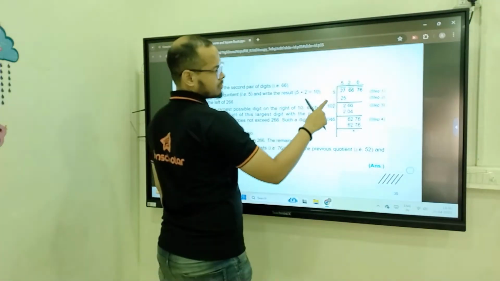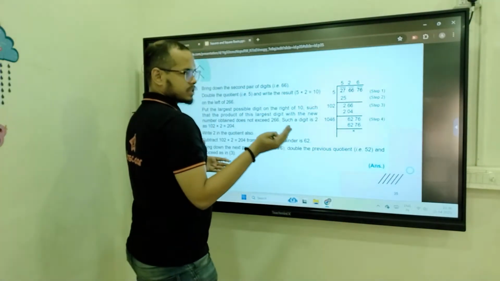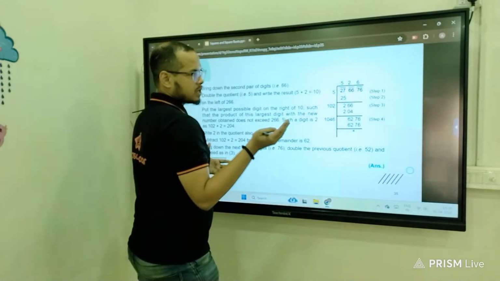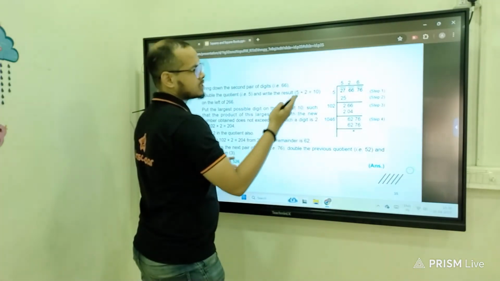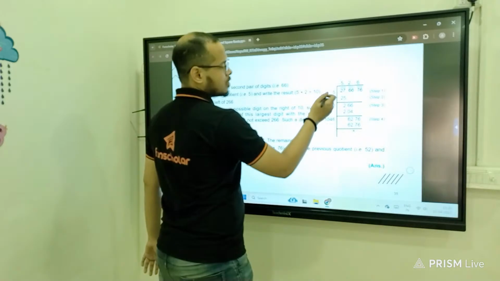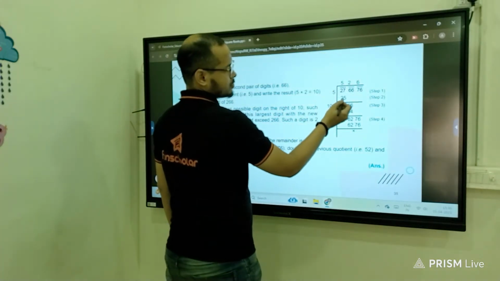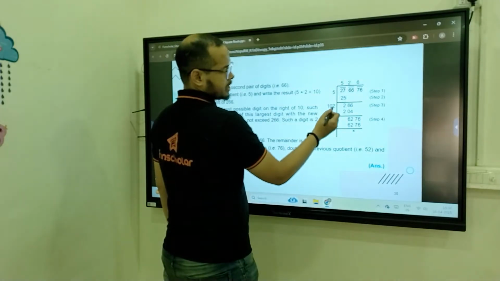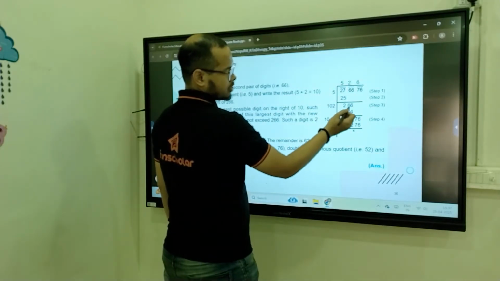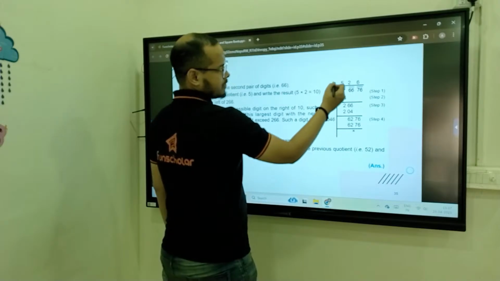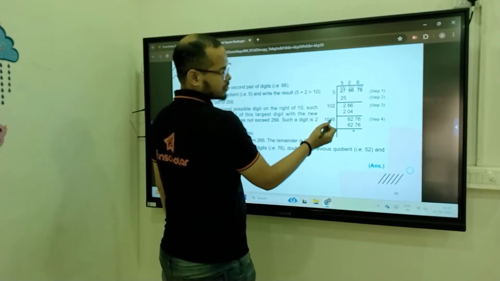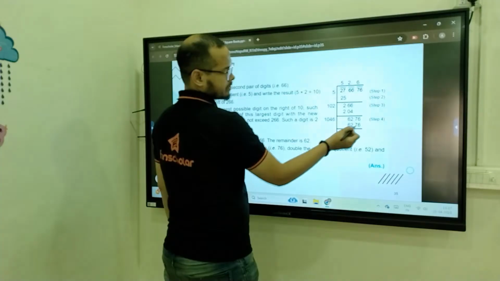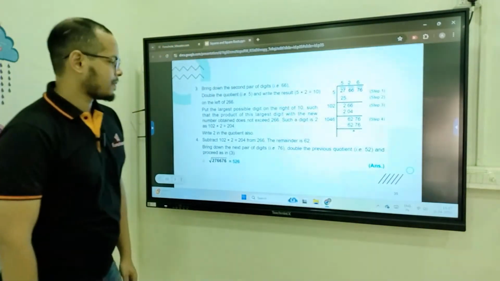First 27. 27, the lowest perfect square of what? 27 से कम होगा तो 25, 5 का, तो 5 5s are 25. 25 minus 27 is 2. 5 का double 10. Okay, 10. 102 into 2, 204. 52. 52 double 104. 104 into 6, 6 to 7 6. That's okay.